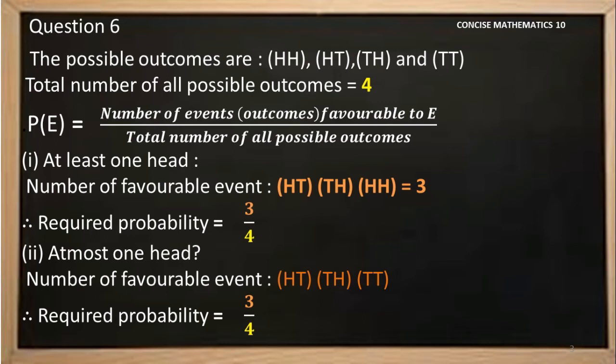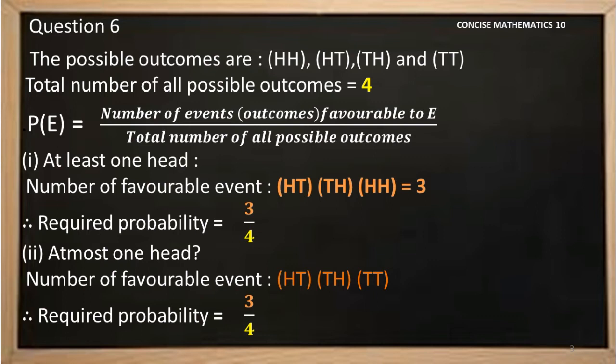Children, at most one head means the maximum is 1 and the minimum might be 0. At most one head means maximum you can have one head, that means it can be no head or 0 head also. So these two are very much important topics, children, at least and at most.